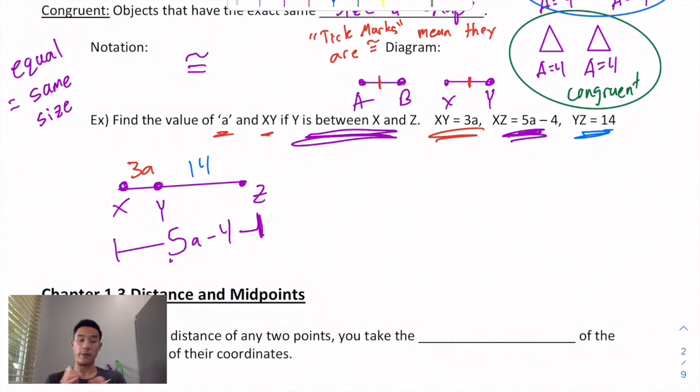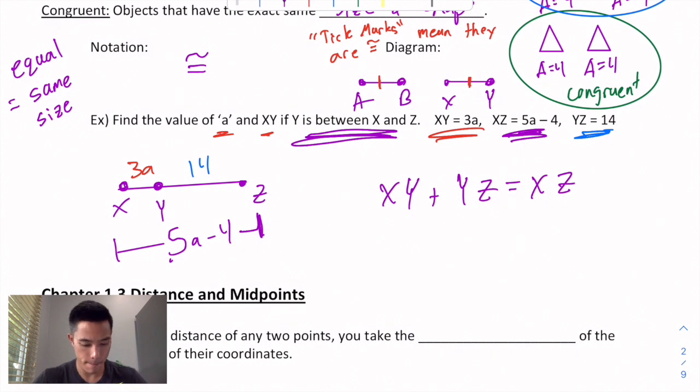So now we're going to use our segment addition, adding the two smaller segments. Basically, we're going to do XY plus YZ, and that should equal XZ. So it's going to be 3a plus 14 equals 5a minus 4.